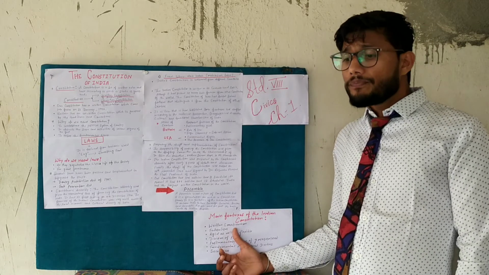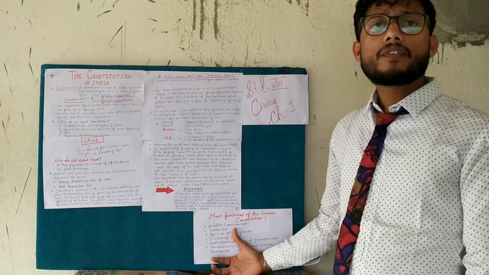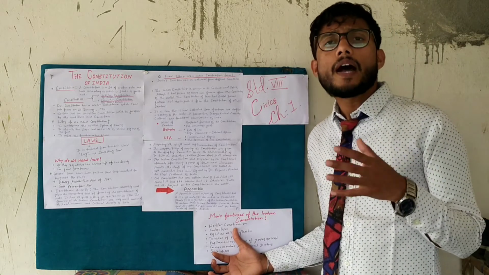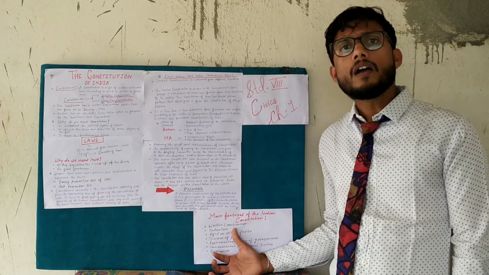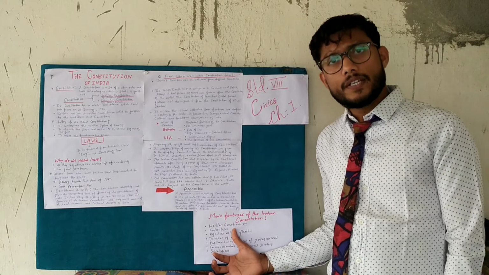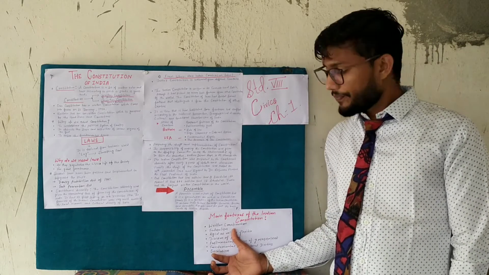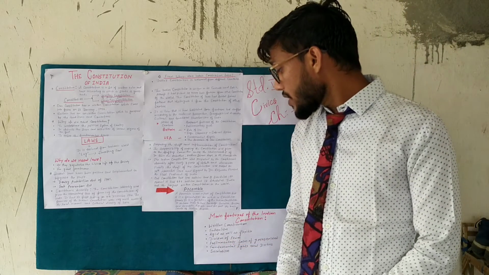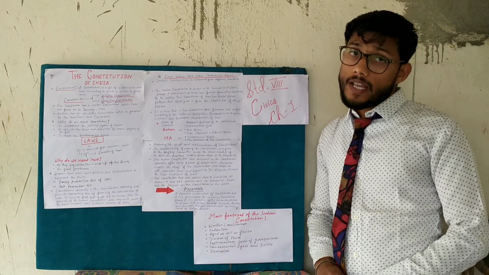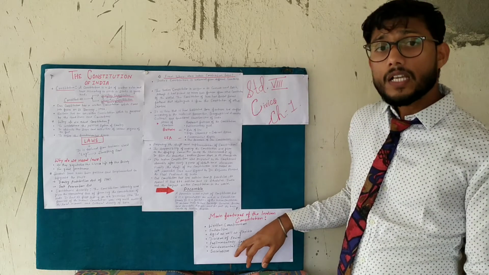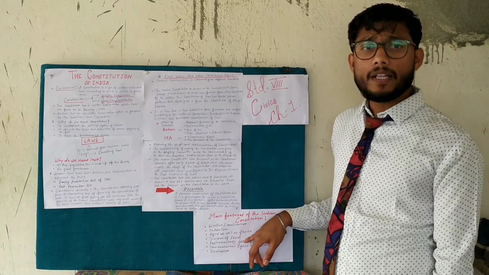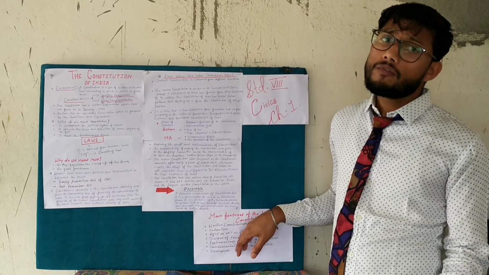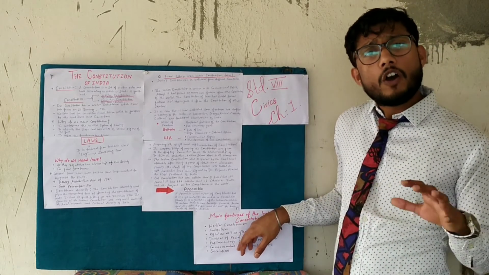Federalism is a system of government in which power is divided between the state and the centre. India's constitution is also rigid as well as flexible. Sometimes it is very flexible, and sometimes it is very rigid. For example, law is fixed for all of us.